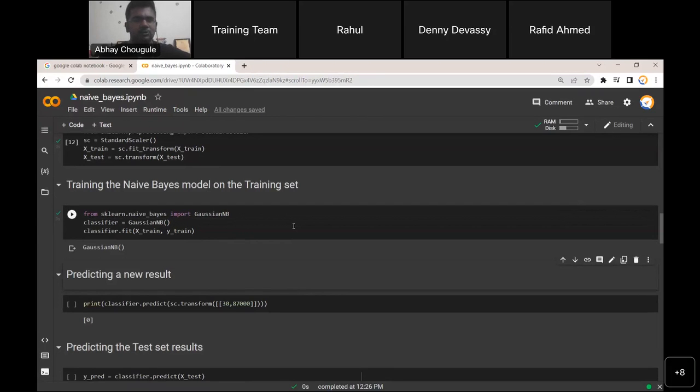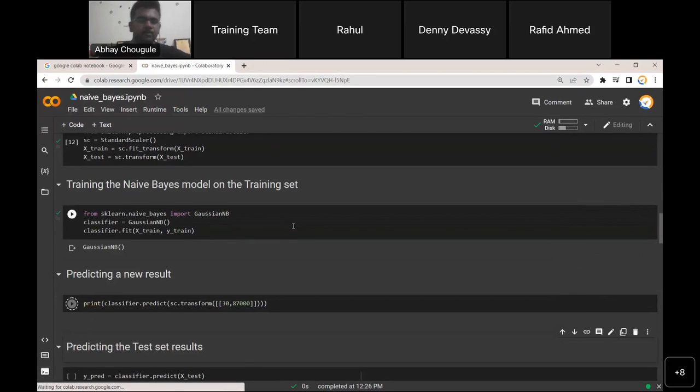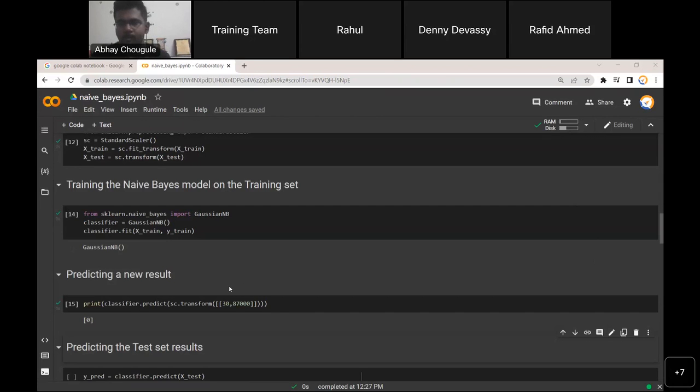Can I ask one question to you all? Is it possible to use this Gaussian Naive Bayes model with the cross-validation technique? See, from sklearn.naive_bayes we import GaussianNB.